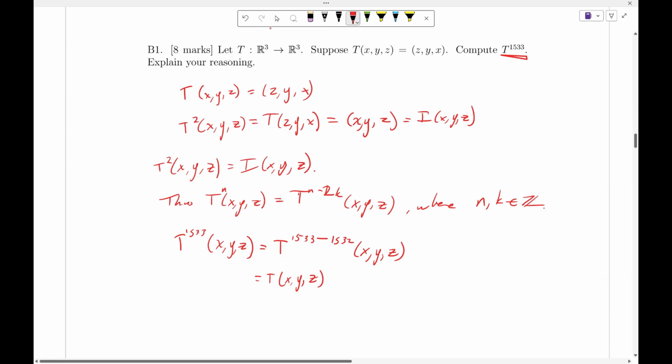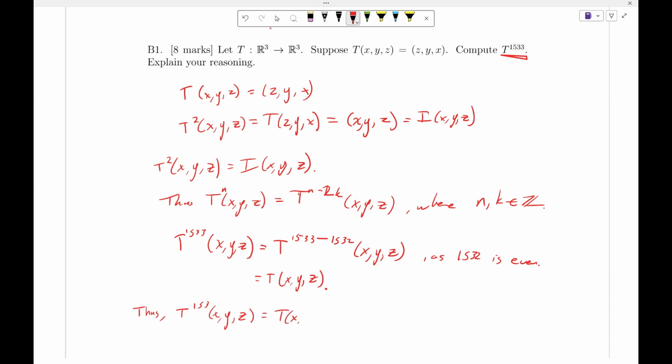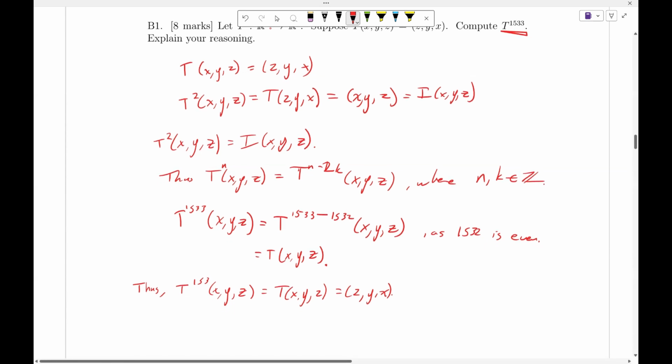Thus, as 1532 is even, T^1533 of x, y, z is equal to T of x, y, z, which equals z, y, x.